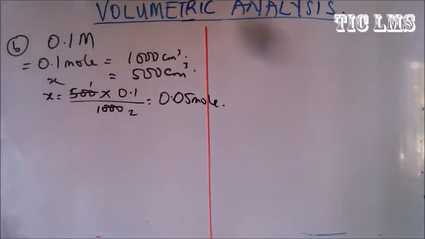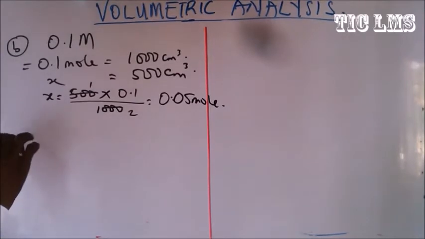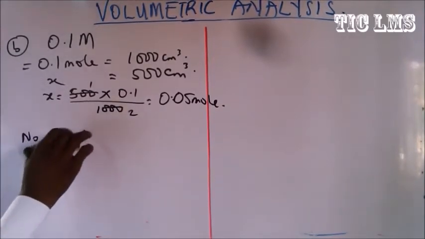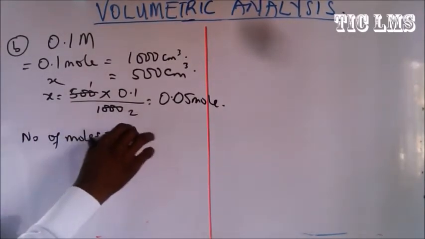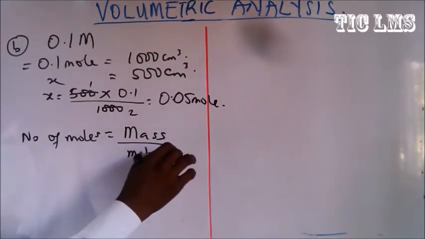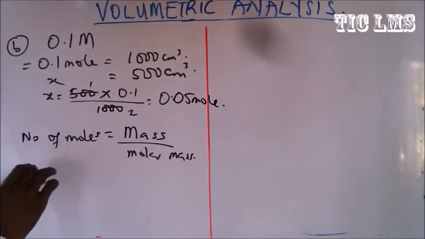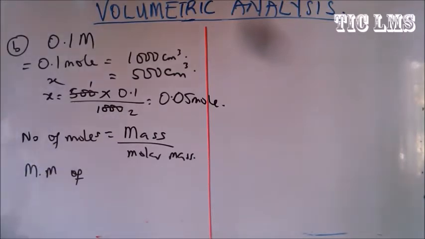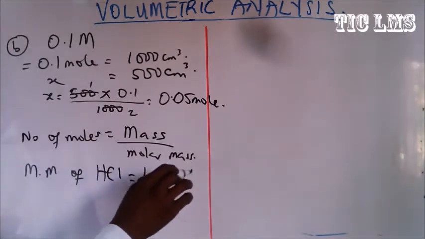All right, now we have to look for the mass of the solutes present in this 0.05 mole. Now we have that number of moles equal to mass over molar mass. Now, molar mass of hydrochloric acid, HCl, that's hydrogen is 1 and chlorine is 35.5.